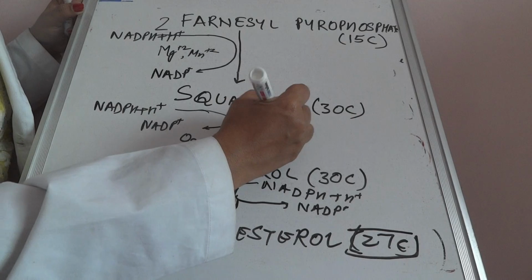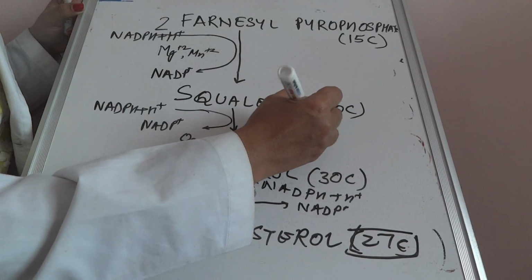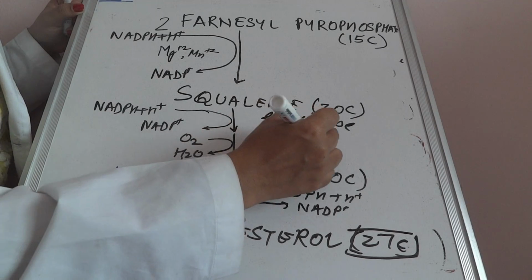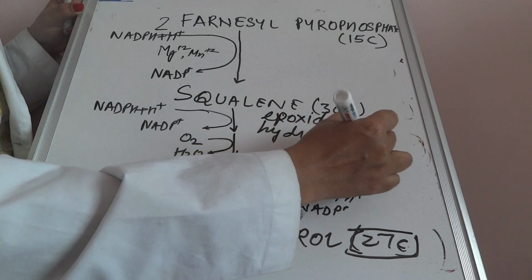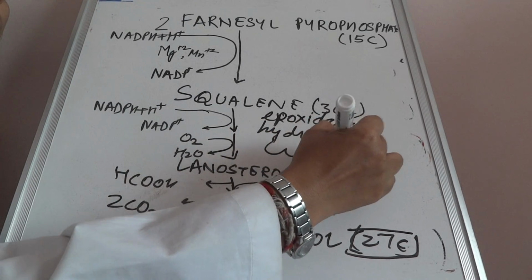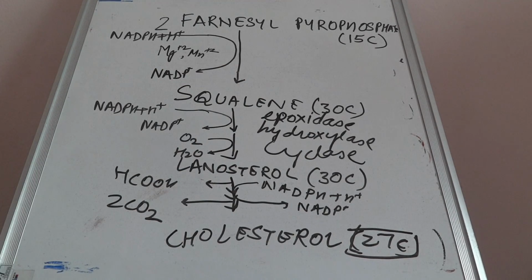Squalene to lanosterol, the enzymes are epoxidase, hydroxylase, and cyclase. So 2 farnesyl pyrophosphate forming squalene, forming lanosterol, and forming finally the cholesterol.